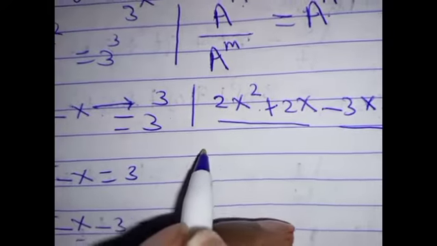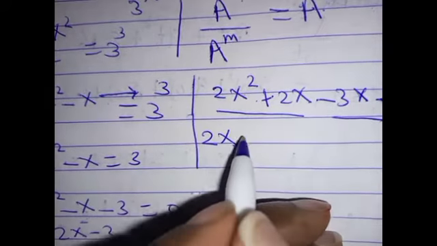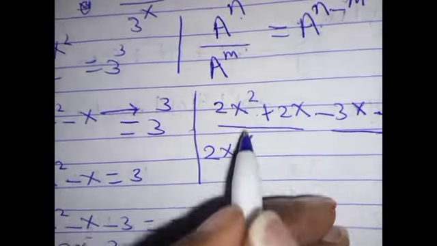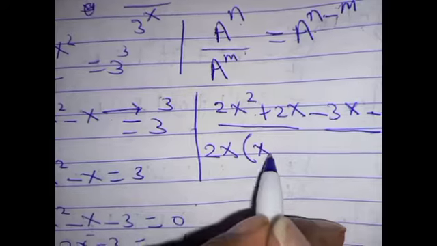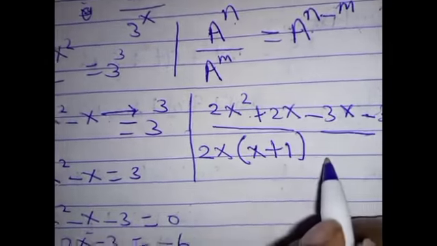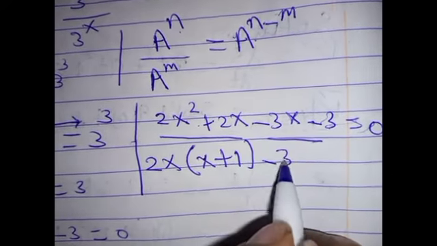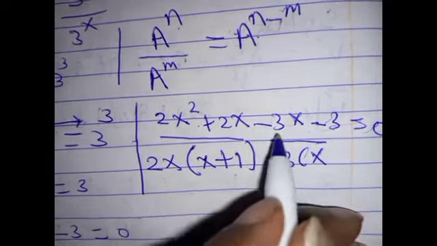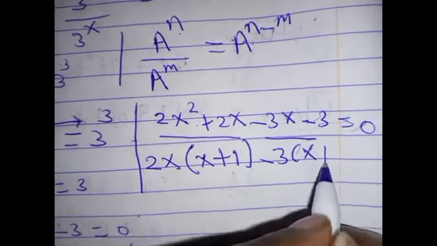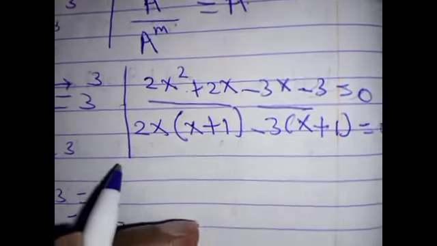So here 2x is common. So when you factor 2x here, we shall be left with x plus 1. Minus 3 is common here, so you have minus 3 out, plus 1, which is equal to 0.